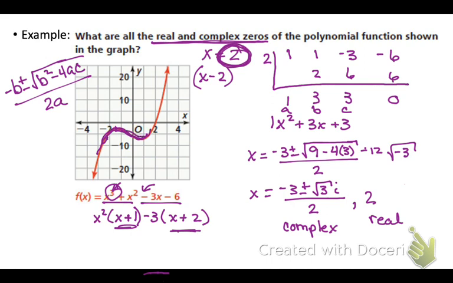Now, there would be some dip there anyway, but that's what causes that to happen. So, do you see how we used what we could see? We saw that 2 was a 0, correct? And so, once we divided by x minus 2, we got our power down to something we could use the quadratic formula on, didn't we?